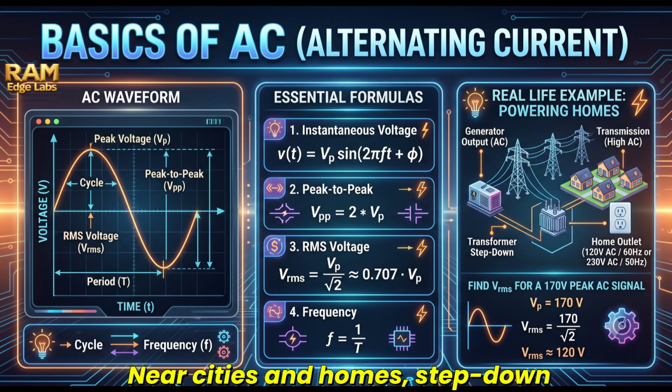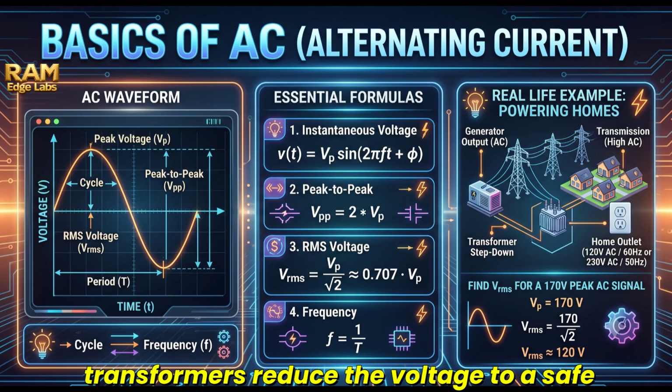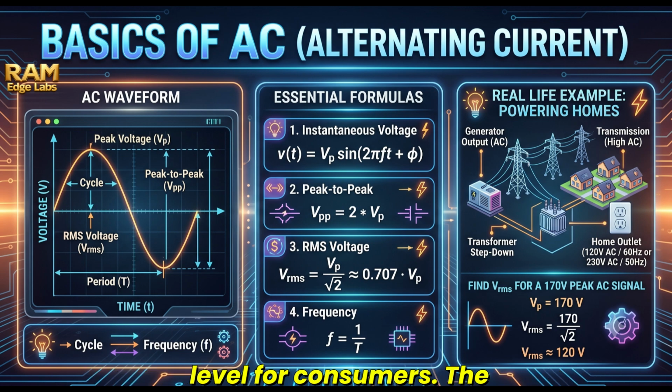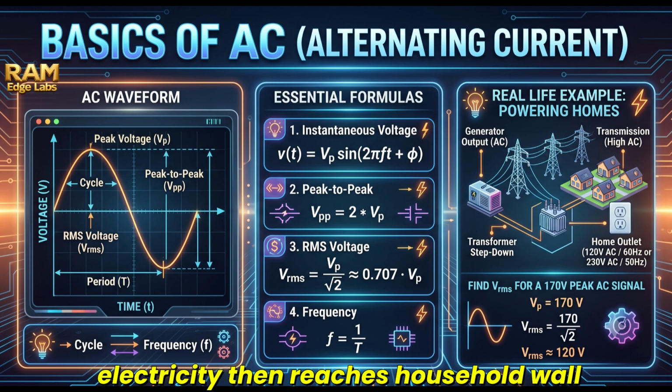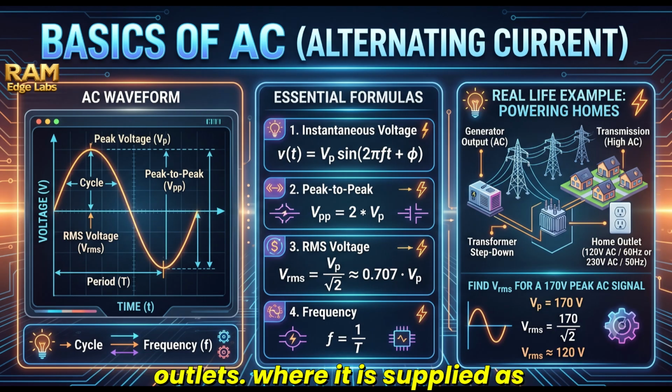Near cities and homes, step-down transformers reduce the voltage to a safe level for consumers. The electricity then reaches household wall outlets, where it is supplied as 120 VAC at 60 Hz in some countries or 230 VAC at 50 Hz in many other countries.